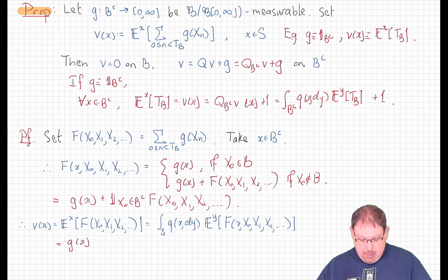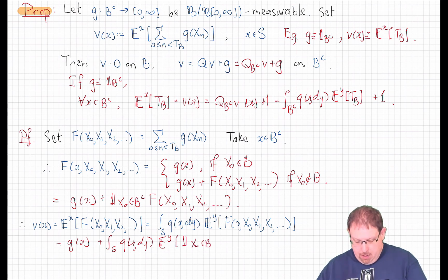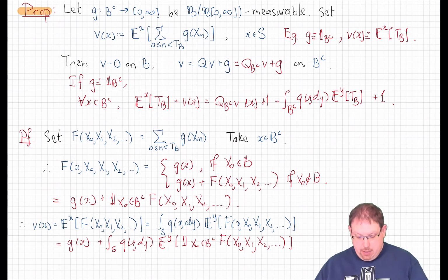But now we can use this formula for that appended path function inside there and write this as g of x, since the expected value of the constant g of x is g of x, plus the integral over S, q of x dy, times the expected value starting at y of the indicator that x naught is in B complement times f of the original path. Now in this integral, we're integrating over all y's, but we have this indicator function here.